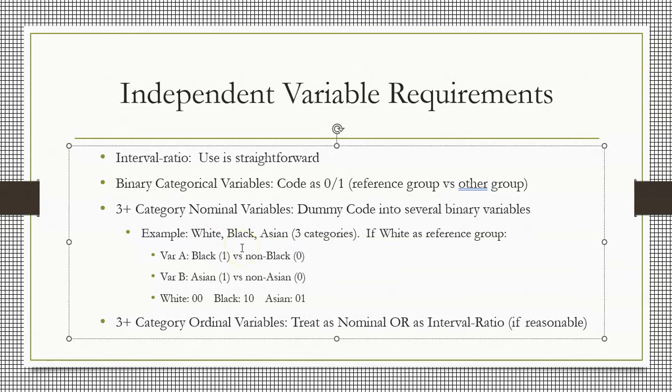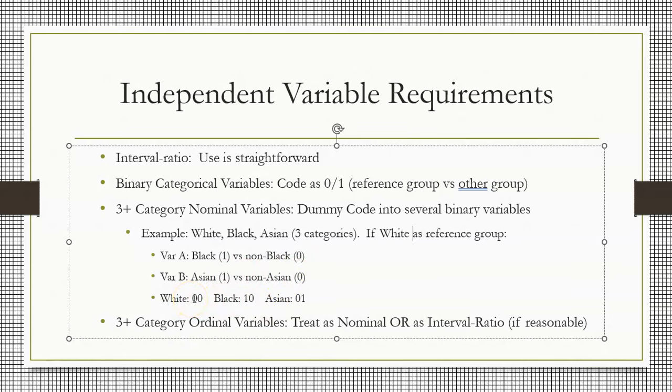In order to do that, I'm going to create 2 variables, one that compares blacks to whites, and one that compares Asians to whites. The way I'm going to do that is code the blacks 1, the others 0. And for the second variable, I'm going to code the Asians 1 and the non-Asians 0. What ends up happening is I have 2 variables.